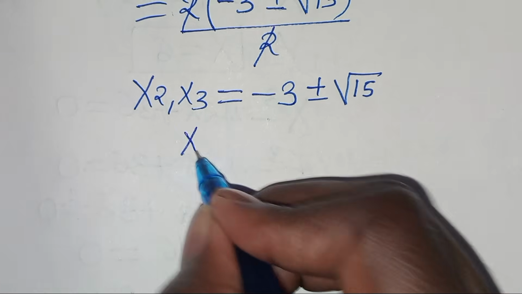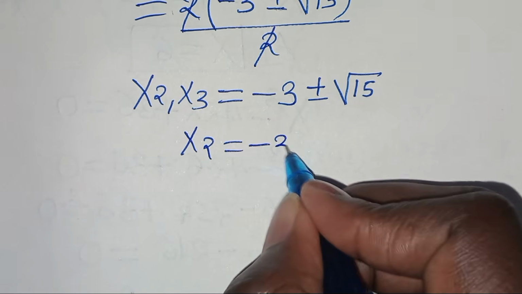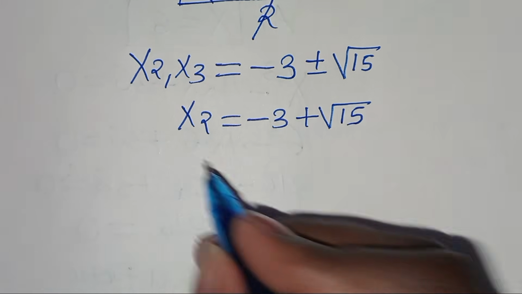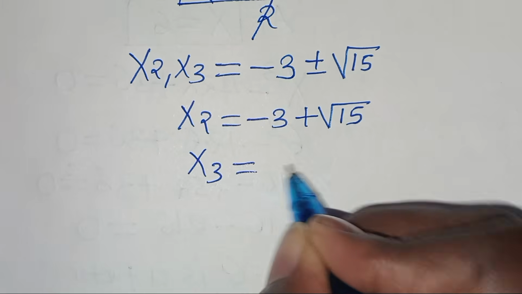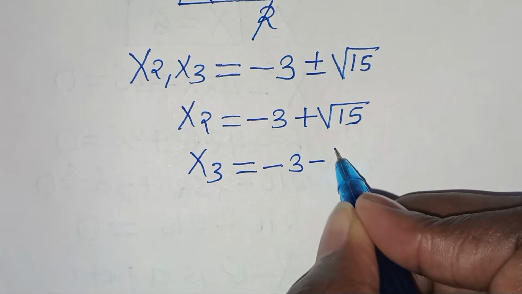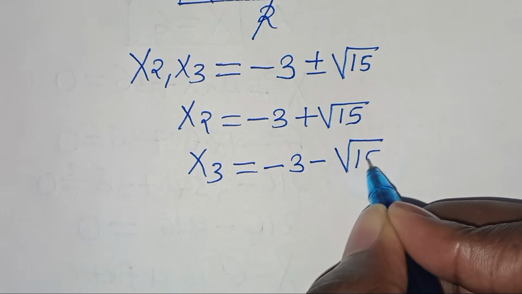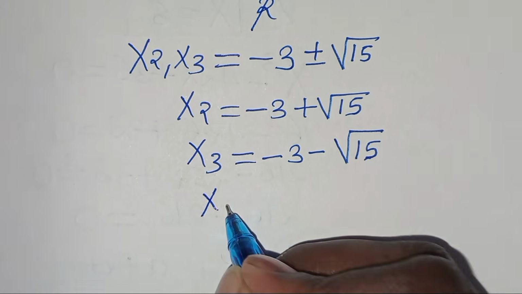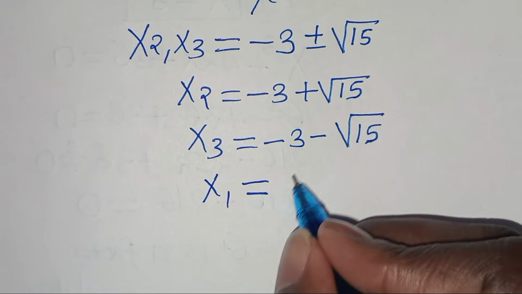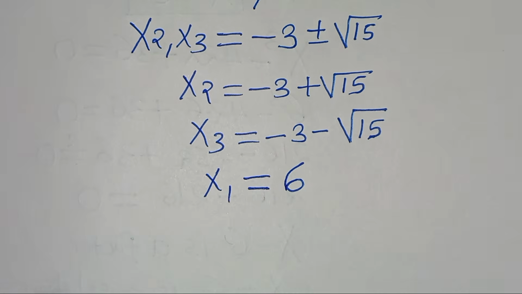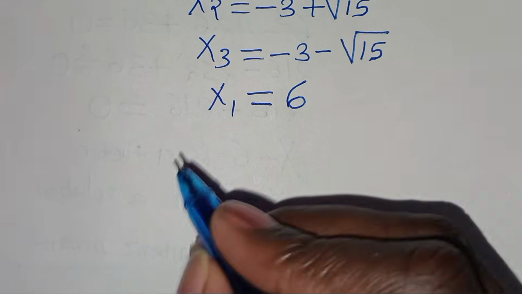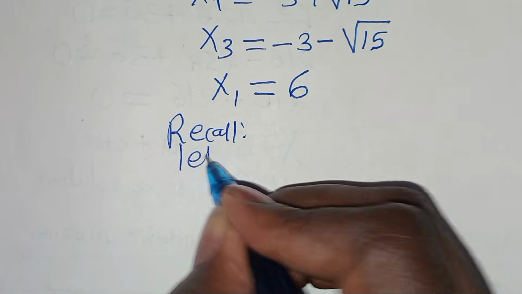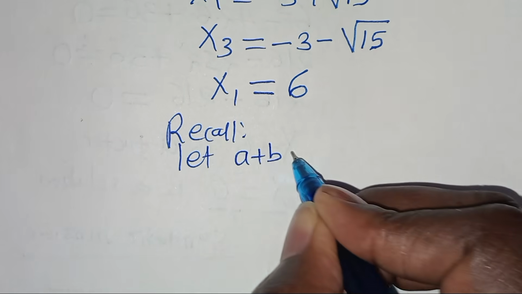So we have x2 is equal to minus 3 plus the square root of 15. We have x3 is equal to minus 3 subtract the square root of 15. And as well as x1, we have x1 is equal to 6. Now, if you recall, we have seen that we let a plus b be equal to x.